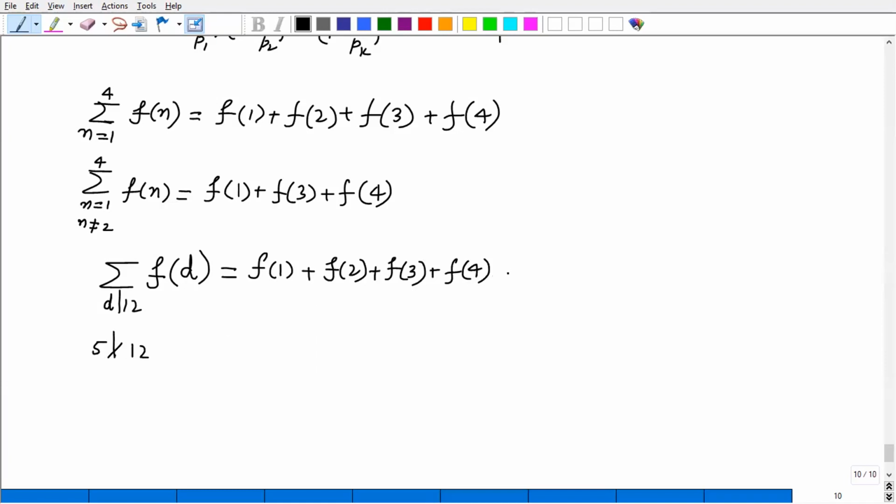So you can't take f of 5 here. But 6 divides 12. So value of d can be 6. So we can take f of 6 here, but 7 does not divide 12, 8 does not divide 12, 9 does not divide 12, 11 does not divide 12, 10 does not divide 12, and means completely divide. Okay, but 12 completely divides 12, so f of 12. So d can be taken as 12 as well.